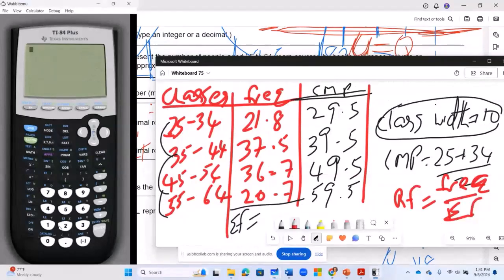So I can just say 21.8 plus 35, plus 37.5, plus 36.7, plus the last one, 20.7.